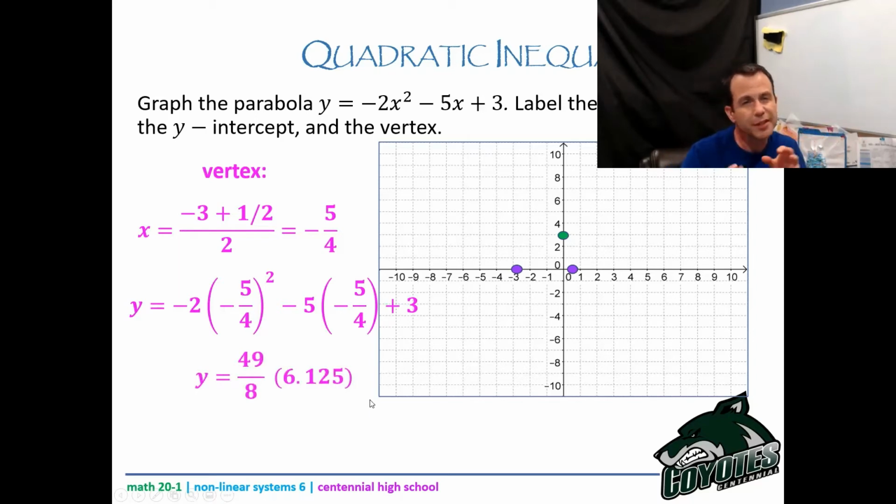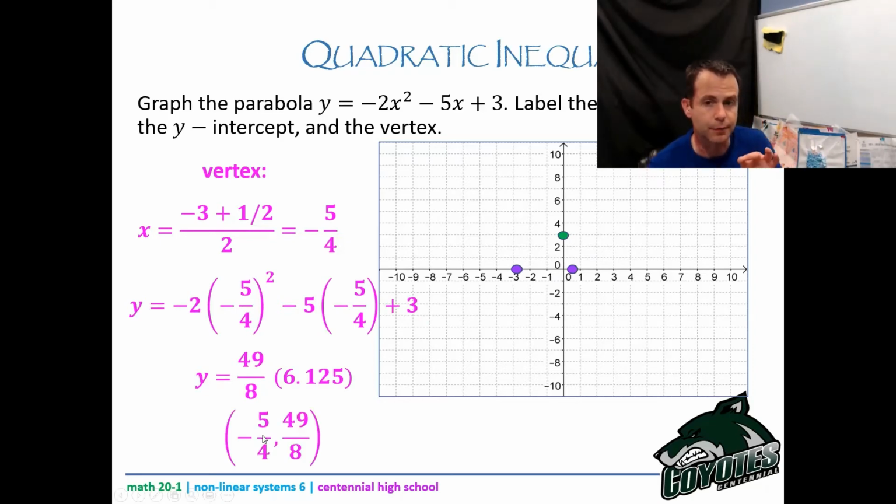This one's a little messier as far as graphing goes. If we asked you to graph on a test, we would give you friendlier numbers to do, okay? So 49 over 8, roughly 6.125. So that is what I'm going to graph for the vertex, (-5 over 4, 49 over 8), which is right about there, okay? Again, just like in the other example, once I have the vertex, I'm also going to get one more of these points just from symmetry, okay?